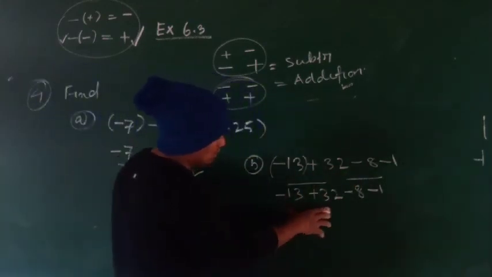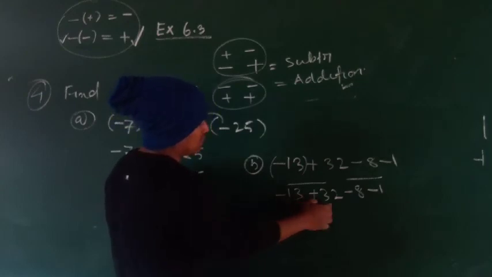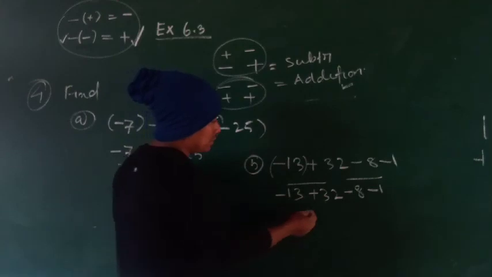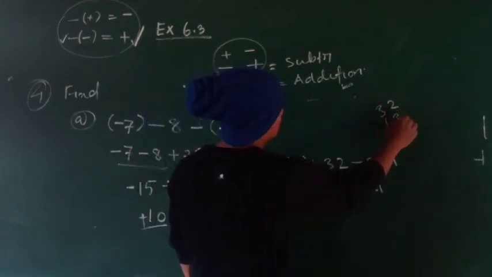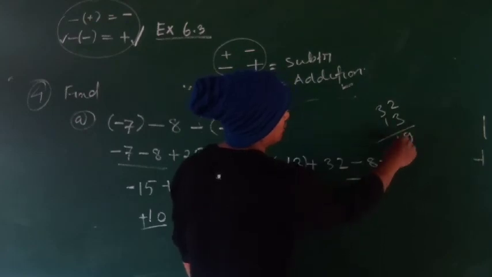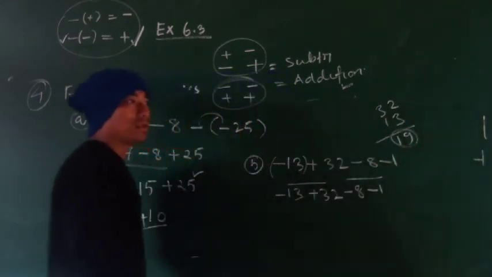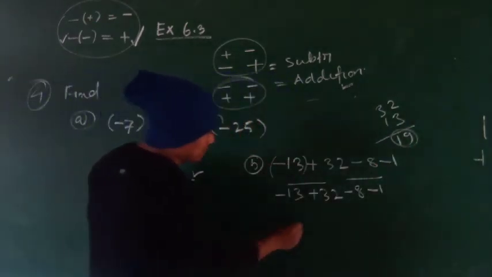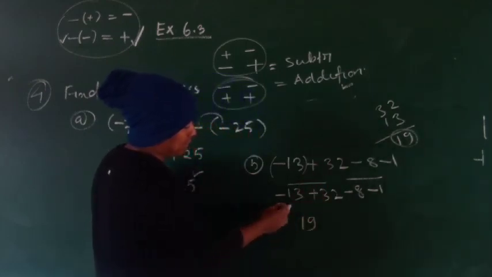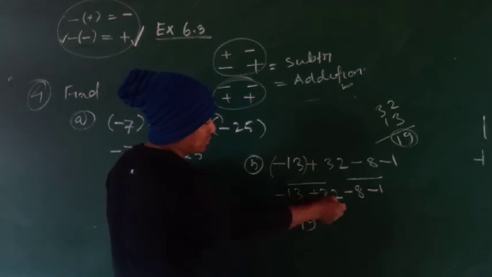One is negative and one is positive, so negative positive we do subtraction. If you subtract 13 from 32, you will get 19. The sign will be positive, because 32 is greater, so positive 19.